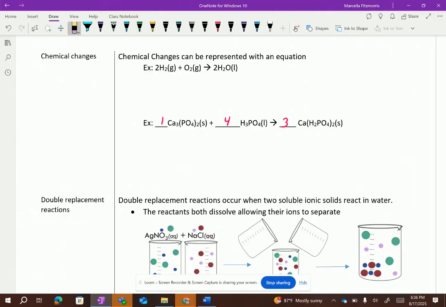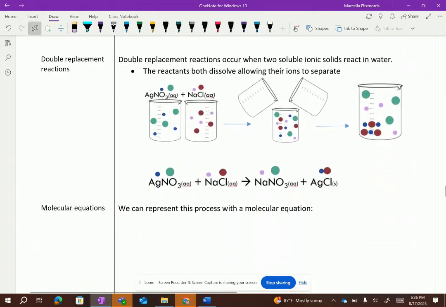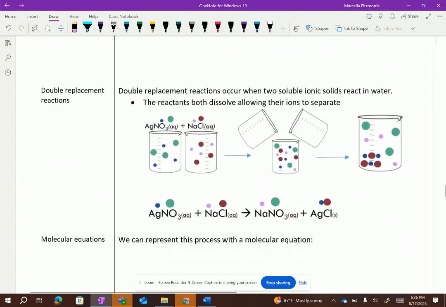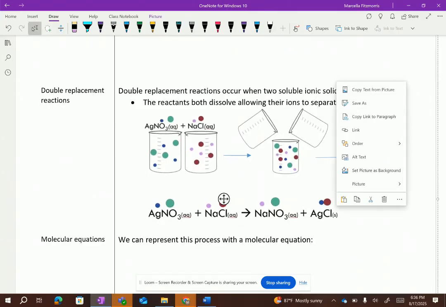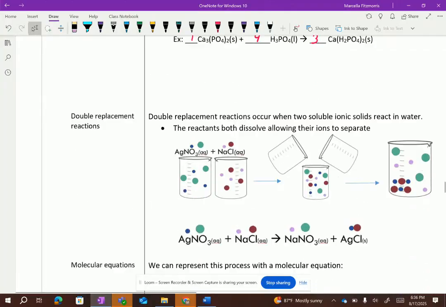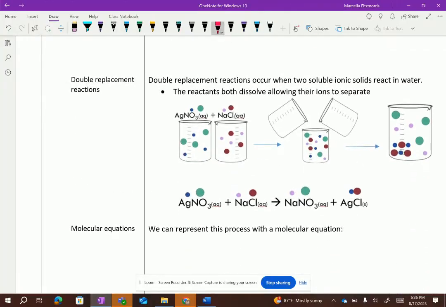Okay, so we have to remember to balance chemical equations as we make them. One type of reaction we studied last year was double replacement reactions. That happened when we had 2 different aqueous substances.